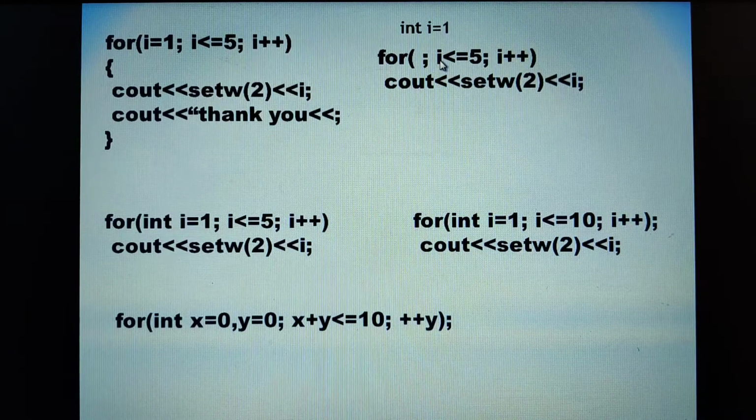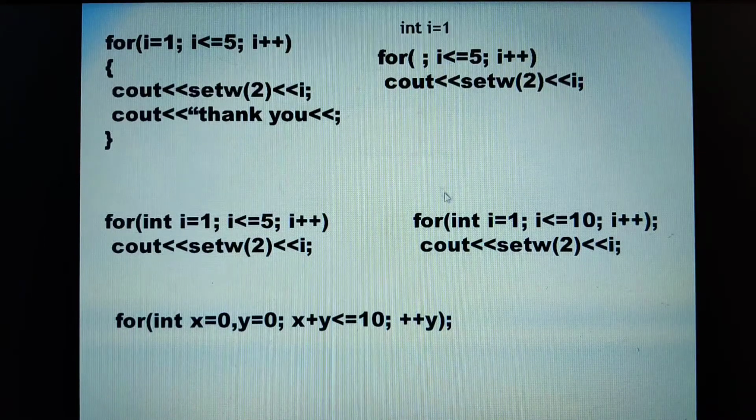This I is a counter variable. Whatever counter variable you have used, you can initialize it within the for loop, or you can even initialize it outside the for loop. Once initialization is done, it is enough; you need not reinitialize it again. I hope you are able to understand.